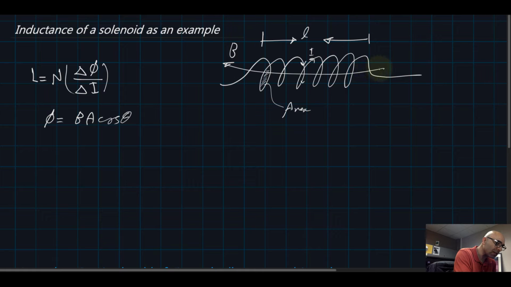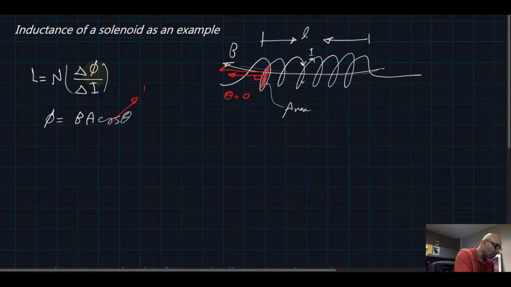The magnetic field is in the center like that, and this is the surface area we are concerned with in the solenoid. The surface area direction is perpendicular to the surface. The magnetic field at the center is going this way and the surface area direction is going this way, so the angle between them is 0. Cosine 0 is 1.